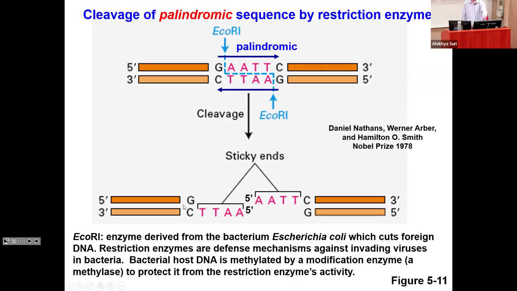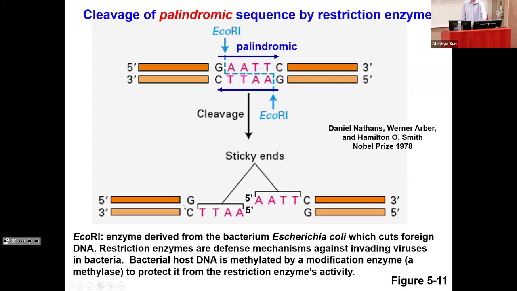What you see here is, for example, GAATTC. This is called a palindromic sequence. You want to memorize what a palindromic sequence is.